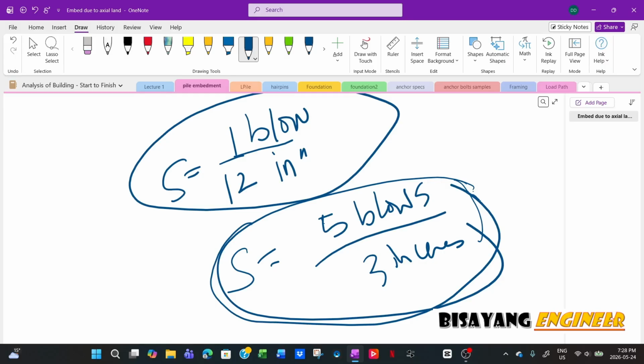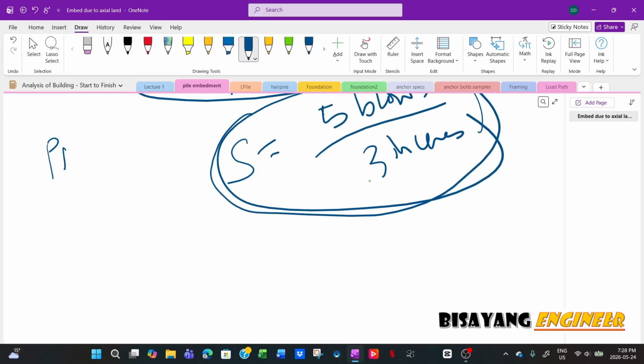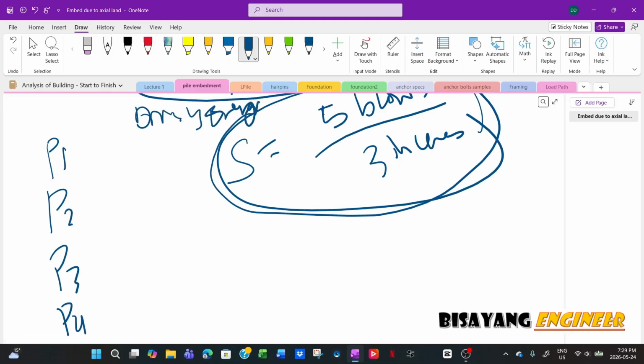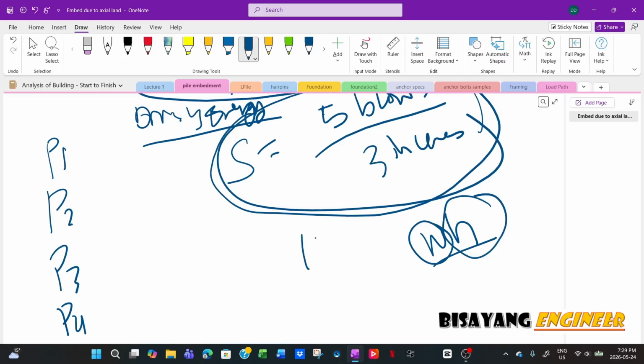So that's why, at least to me, when I do driven pile, I will have a pile driving criteria. So for example, I have 5 different pile types: P1, P2, P3, P4, and then I will have driving energy. Usually, driving energy depends on the weight of the hammer. Now, you determine the minimum weight of the hammer, then you will just adjust this one. So, for example, your weight is, say, 10,000 pounds. Now, if you want 20,000 foot-pounds, then you just use a height equal to 2.